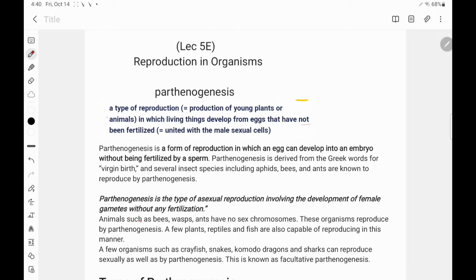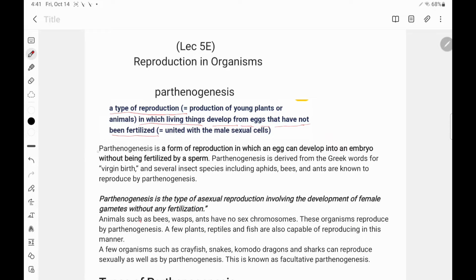Parthenogenesis is a type of reproduction in which living things develop from eggs that have not been fertilized. It means the egg develops into a new organism without fertilization.